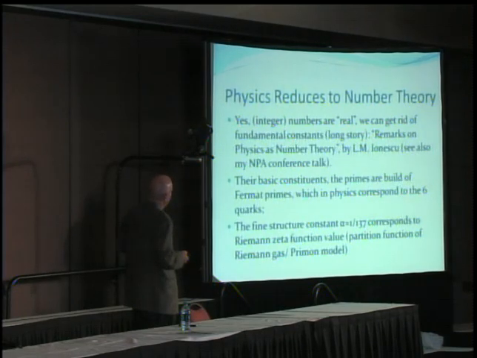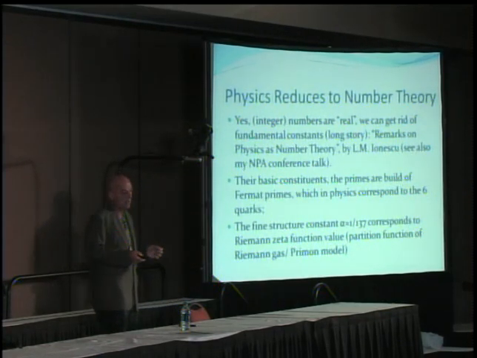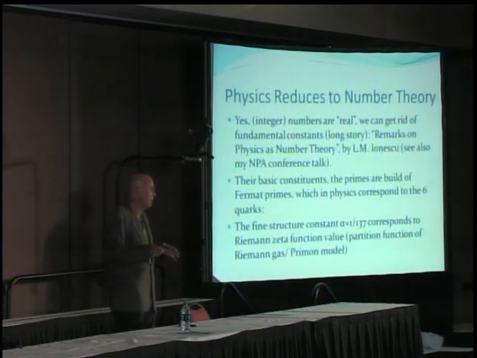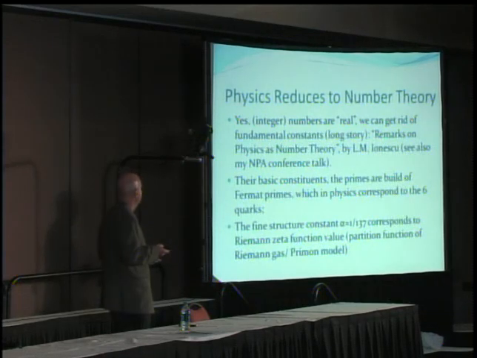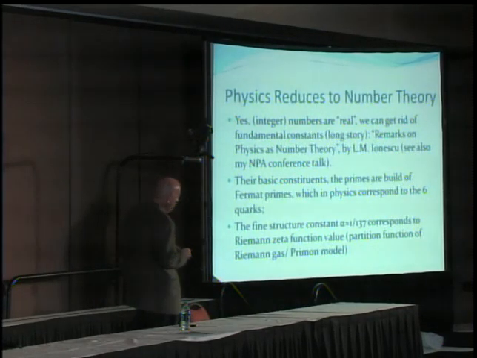I explain why this leads to a natural conclusion that physics really reduces to number theory, and the fundamental constants are really anthropological, because we use big apparatus to measure things. Otherwise, it's all in the numbers, which reduce to prime numbers.